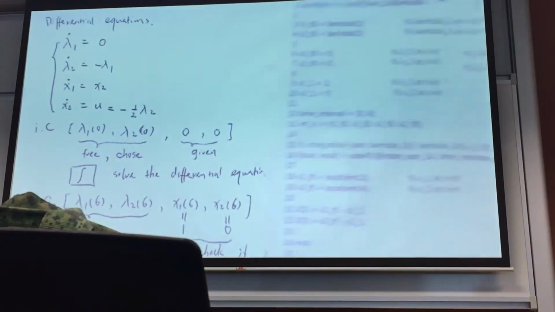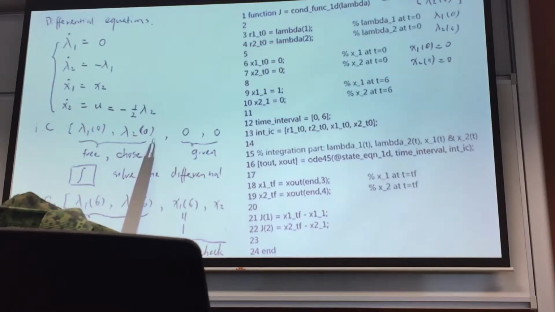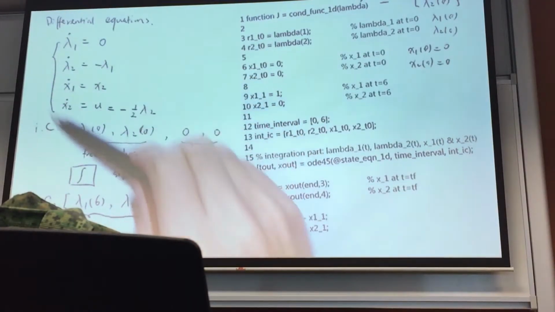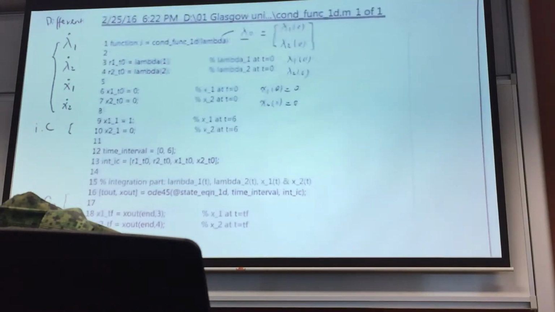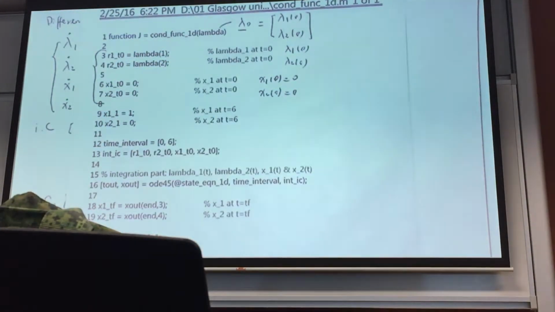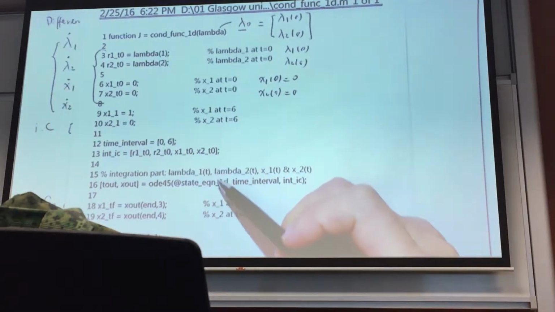So we require these four quantities, lambda 1, 0, lambda 2, 0, x1, 0, x2, 0, as the initial conditions so that we can solve the differential equation.